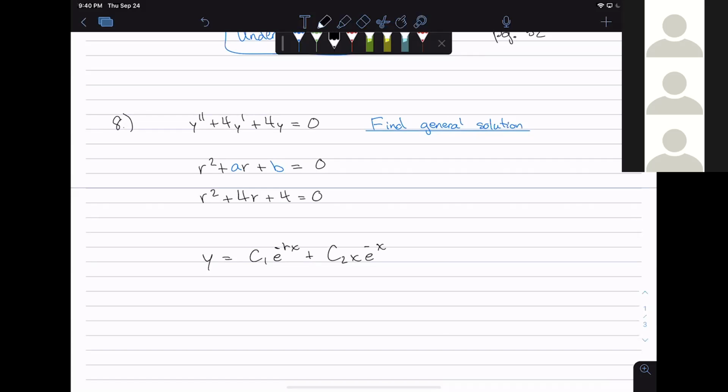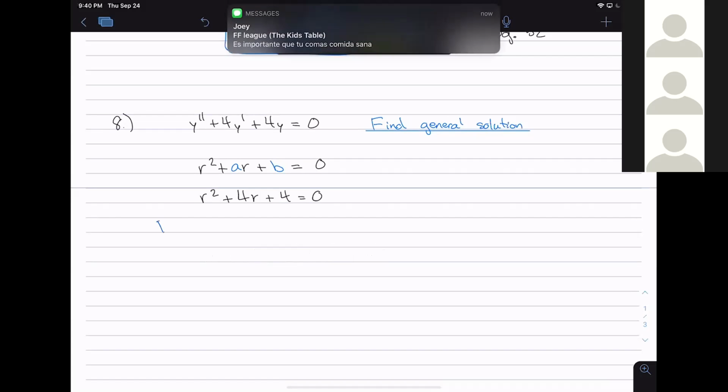But that's for when a squared is bigger than 4b, not this one. Okay, so we set this equal to 0 and find the roots.